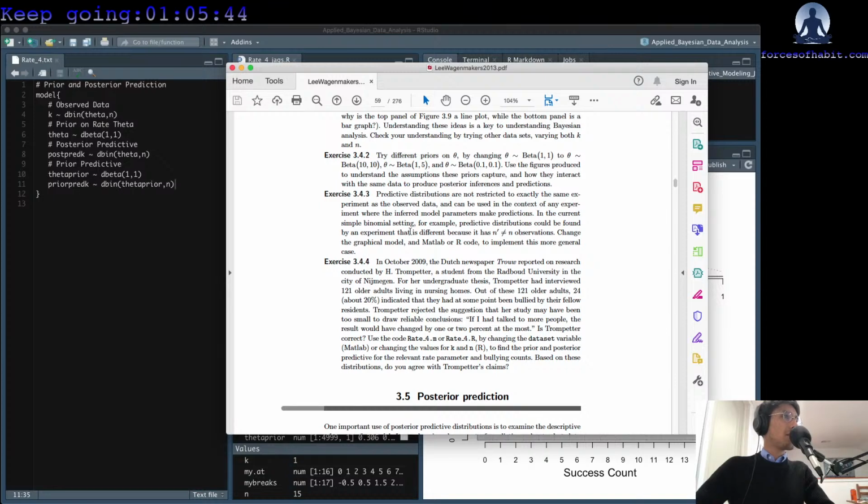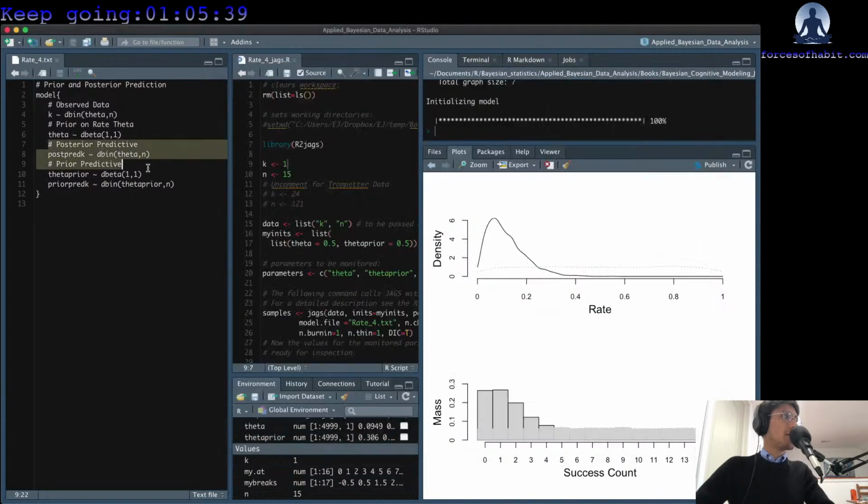The predictive distributions can be found by an experiment that is different. So these can be different.